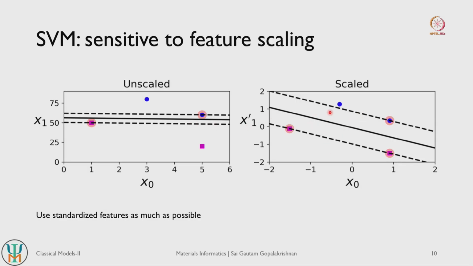So we want to draw as wide a street as possible in support vector machines. In general if you use standardized features you will have a higher chance of being able to identify wider streets or larger streets. So in support vector machines always try to use standardized features as much as possible, just as with k nearest neighbors where you use normalized features as much as possible.